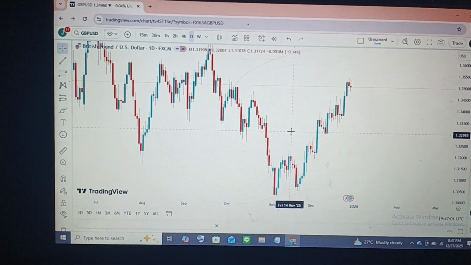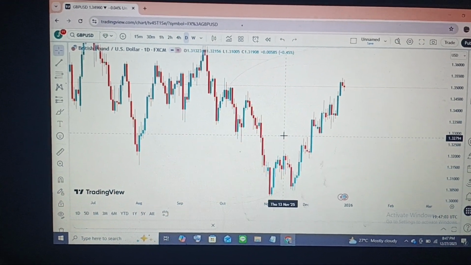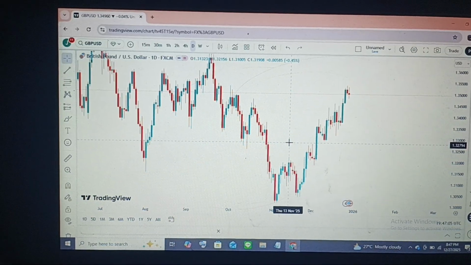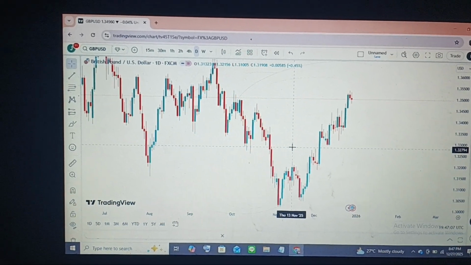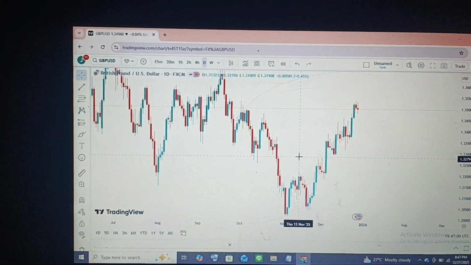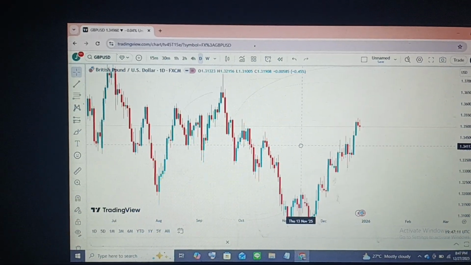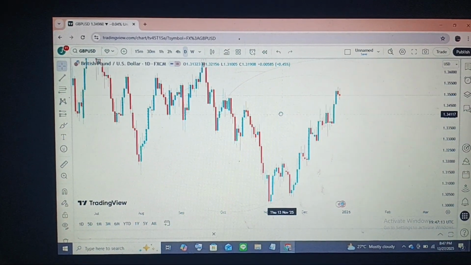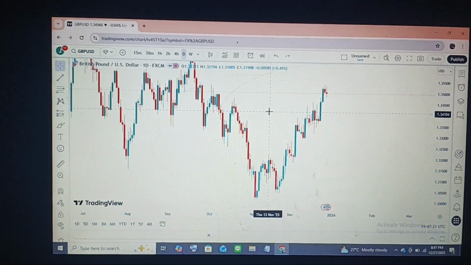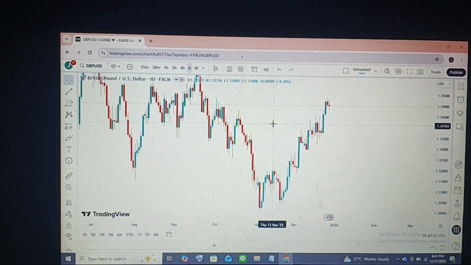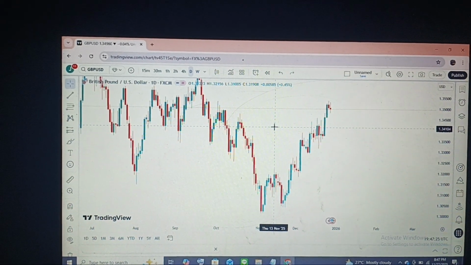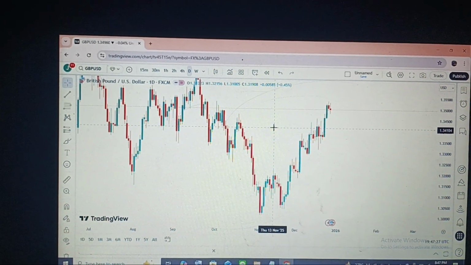Now, when you come to the market, the first thing you want to do is figure out the current direction of the market. Looking at the structure of the market from the daily time frame, without any argument, we're able to figure out that the market is trending to the upside.